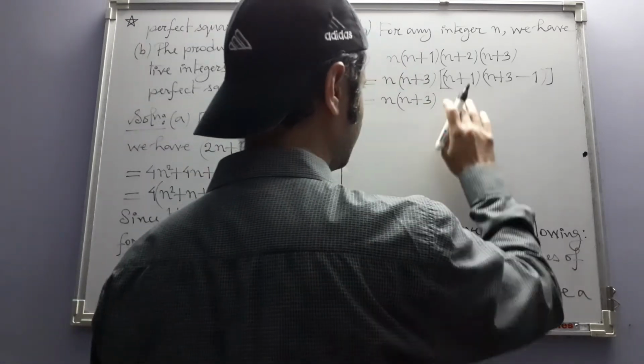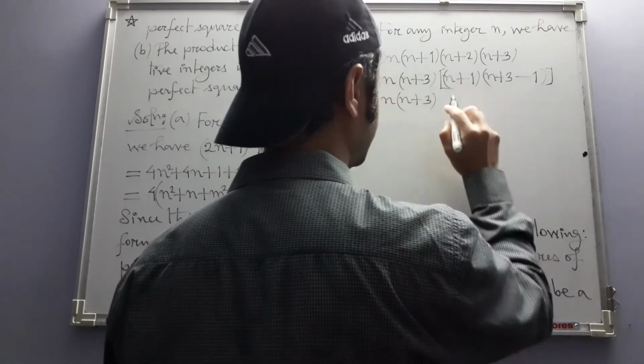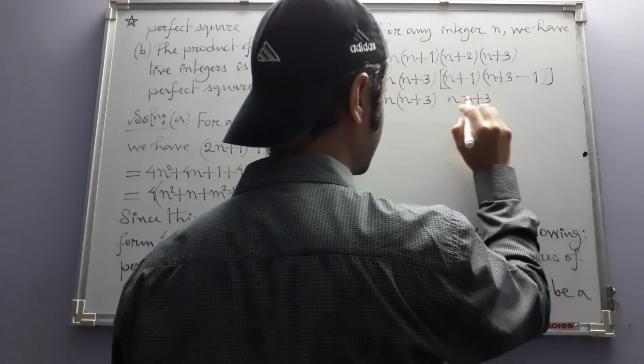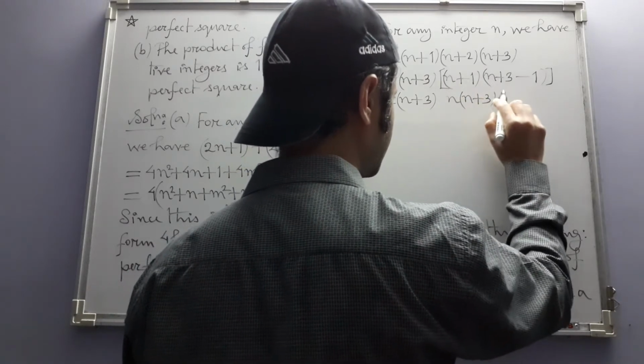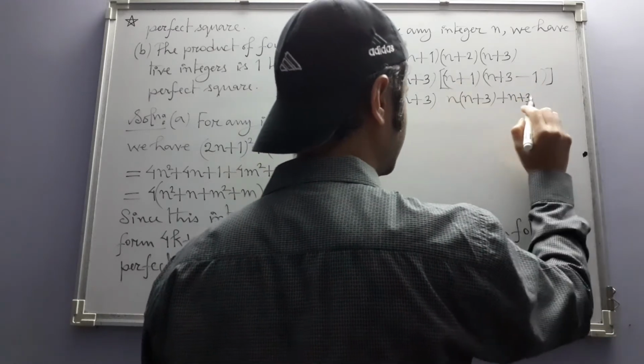Okay, now if we multiply the terms out, keeping n plus 3, then we get n times n plus 3 plus n plus 3 minus n minus 1.